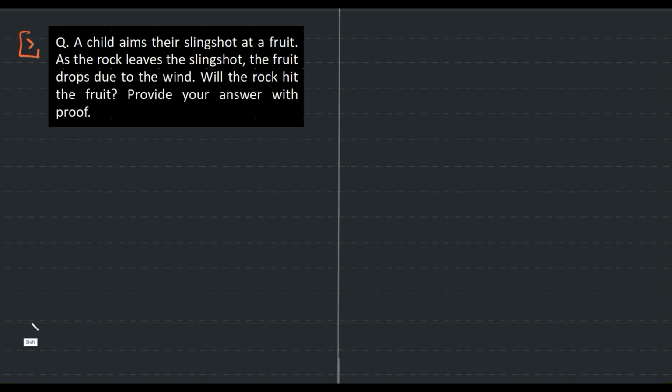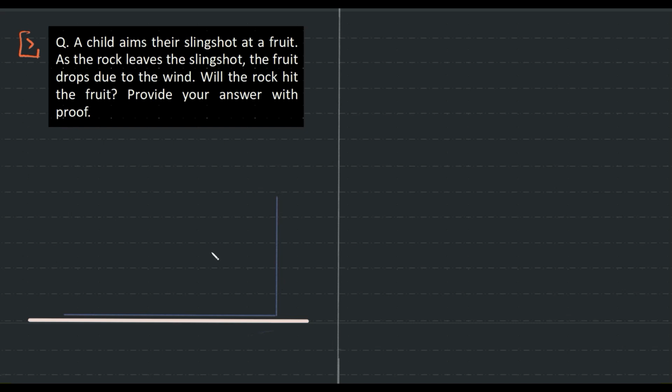So what we're looking at is a ground, and we have an object at a particular distance away and at a particular height. So we say the kid is aiming from here, and the fruit is over here.